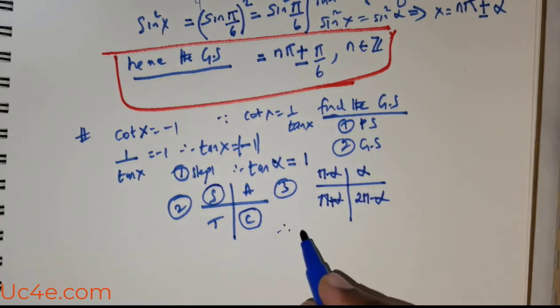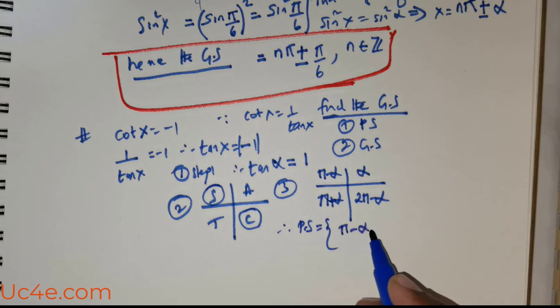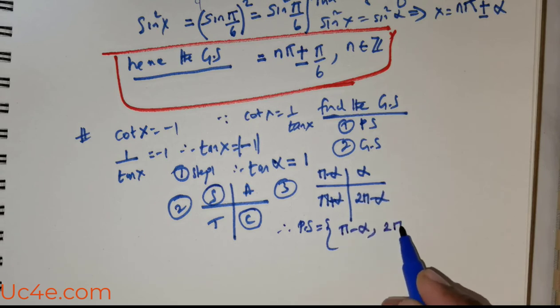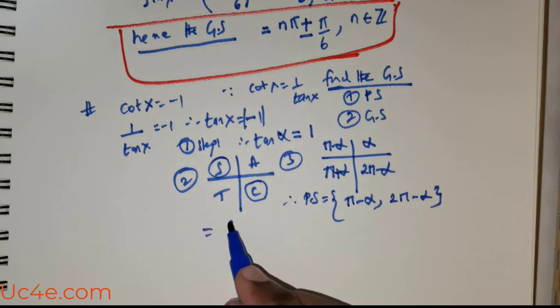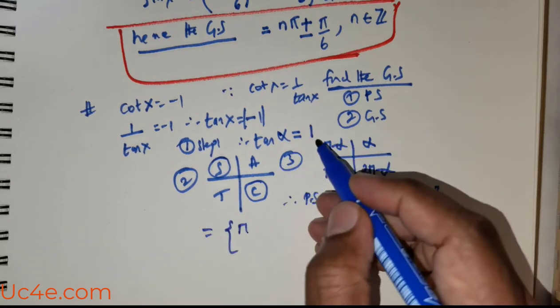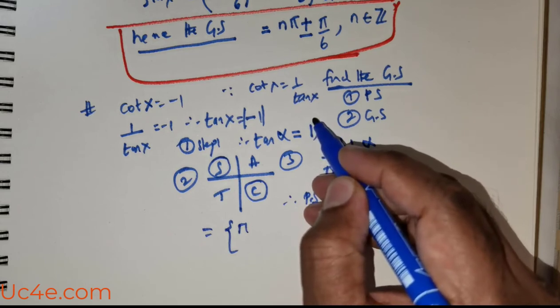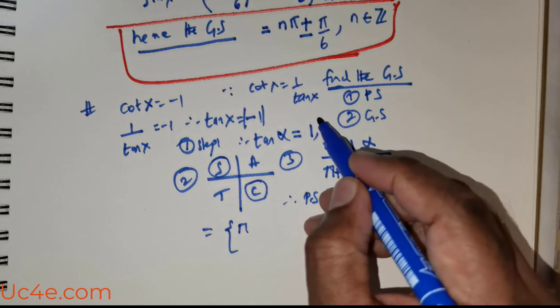So therefore the values for the principal solution is going to be lying in the second quadrant and in the fourth quadrant. So this would mean my alpha in this case, clearly we know that alpha is equal to pi over 4 here, right?